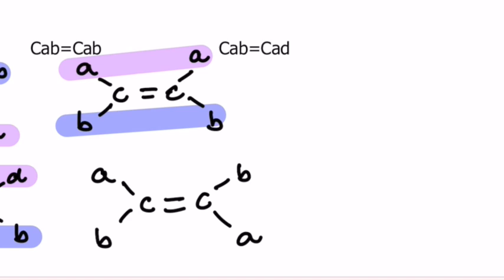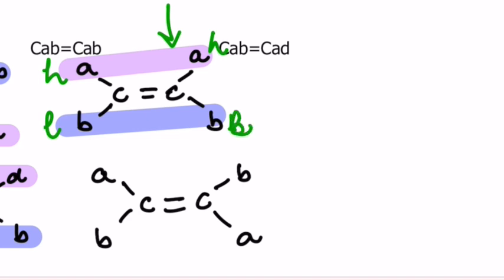So by switching my groups on the second carbon atom, I have actually now created a different molecule. So this would need a different name. Assuming that A has a higher molar mass than B, A is the high priority group here, B is the low priority group, A is the high priority group, B is the low priority group.